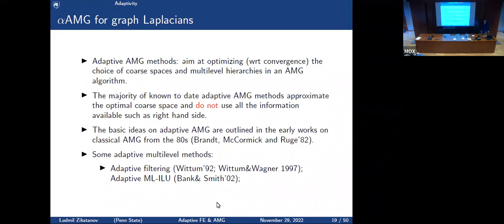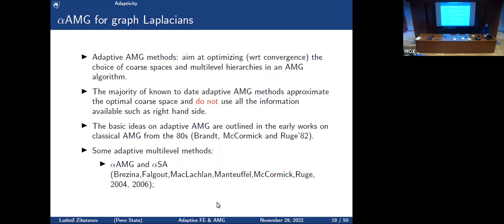So I cited here several of the earlier and also later works on adaptive AMG or algebraic techniques that try to adapt to the operator. So they don't use the right-hand side. Adaptive multi-level ILU, that is Dubois and Bank. We have alpha AMG, that's the classical AMG of Ruge-Stüben made adaptive, and also adaptive smoothed aggregation.